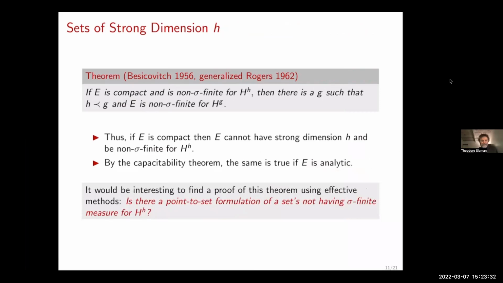Okay, so I think there's been a lot in the past few years of algorithmic information theory and randomness, effective randomness, applied to notions of Hausdorff dimension.